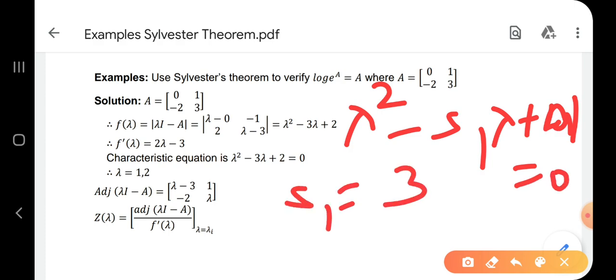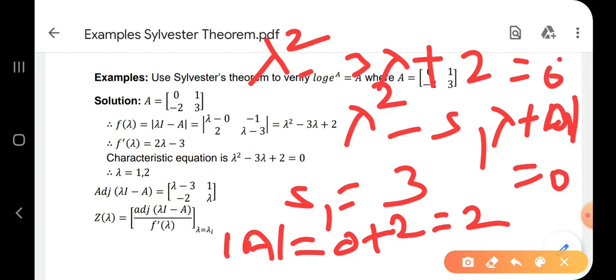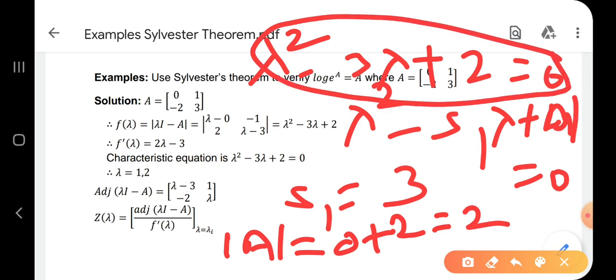What is the value of determinant? Determinant of a is equal to 0 minus minus plus 2. So here it is plus 2. So our equation is lambda square minus 3 lambda plus 2 is equal to 0. Find its roots. You will get roots 1, 2.